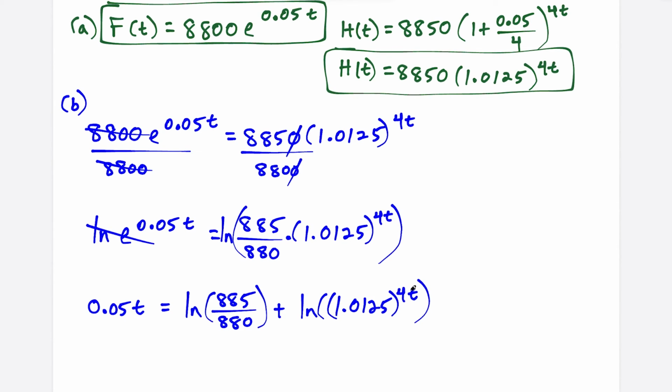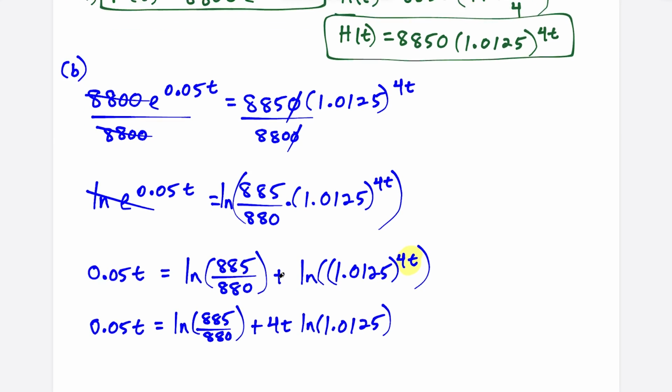Our goal is to solve for t. So I'm going to bring the 4t out using the exponent property of logs. We have an exponent inside of the log, so I'm going to bring it in front and attach it by multiplication. In the next line, we have 0.05t equals natural log of 885 over 880, plus 4t times natural log of 1.0125.